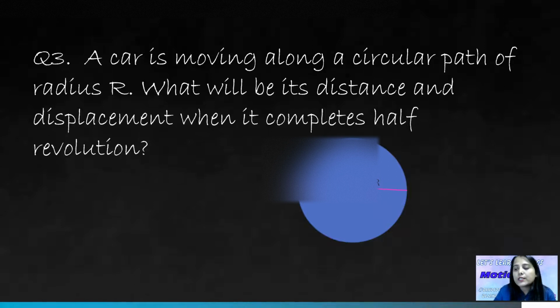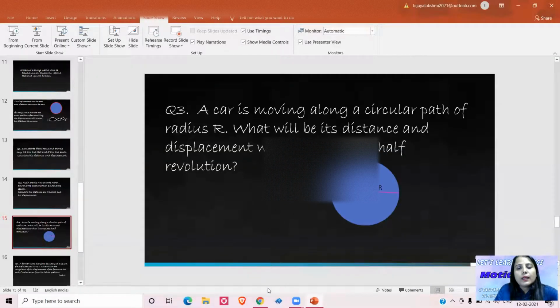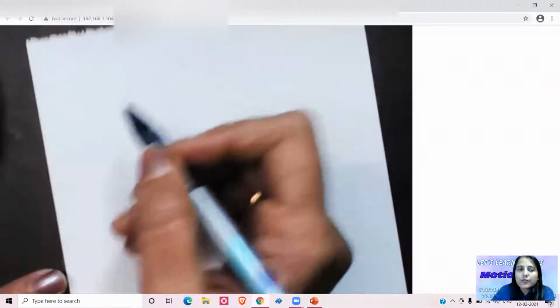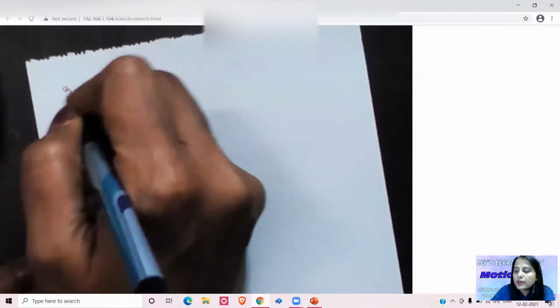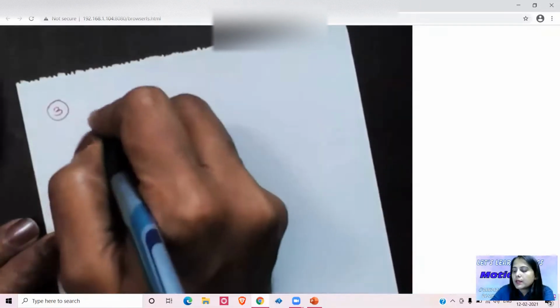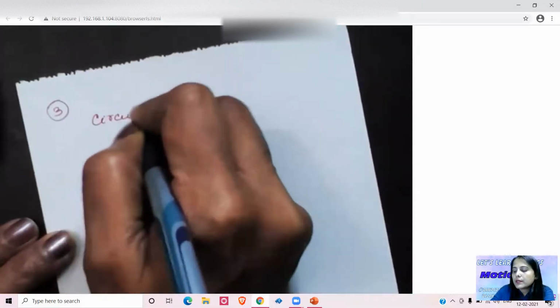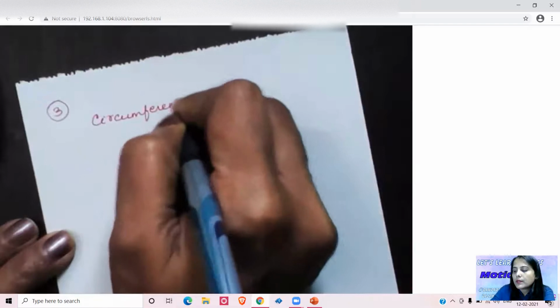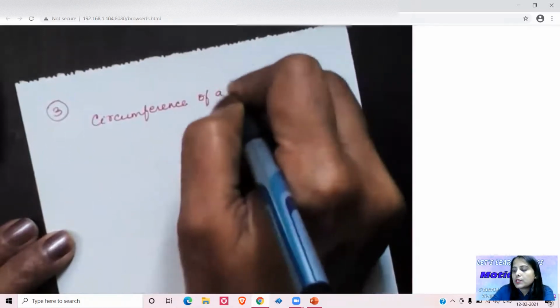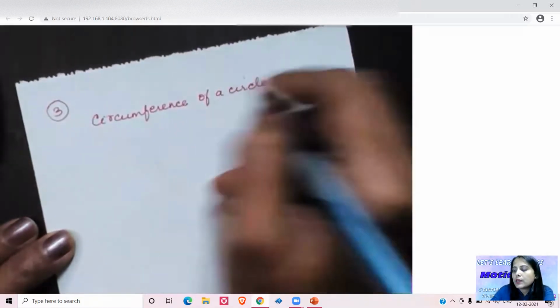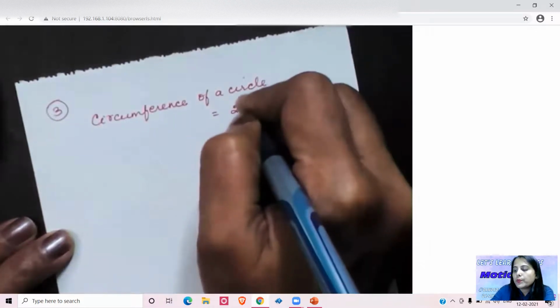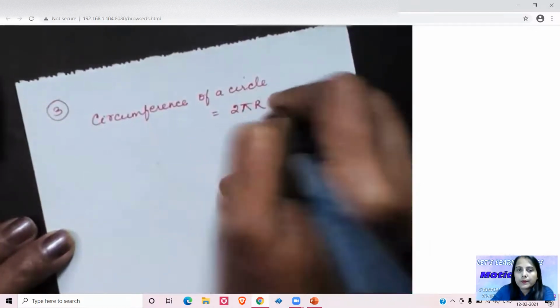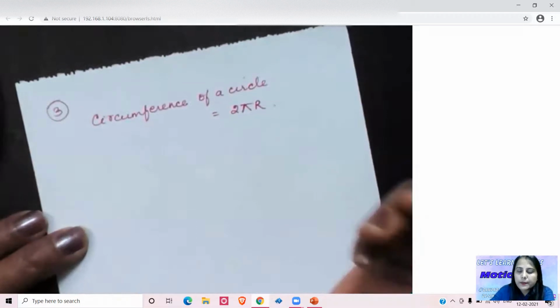The circumference of a circle is equal to 2 pi r, where r is the radius given here.